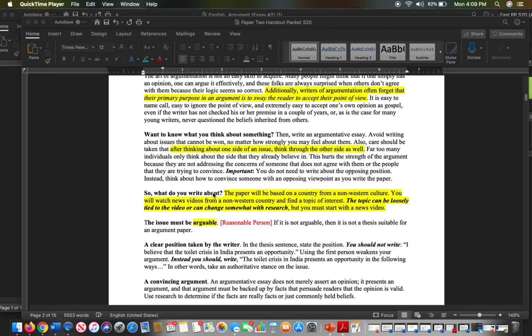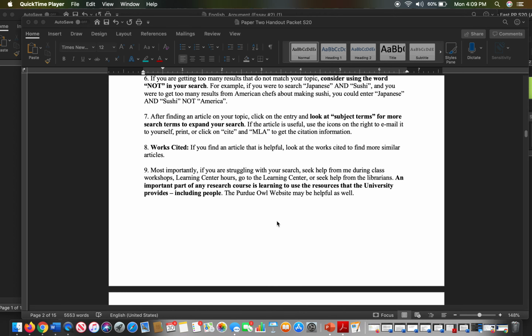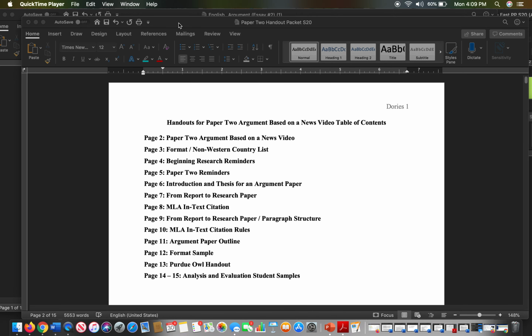So if you're writing a paper about human trafficking and you say human trafficking is horrible and needs to be stopped, that's not something a reasonable person could disagree with. Instead, you could perhaps suggest a way or multiple ways that human trafficking could be stopped, and usually that'll be a way that a reasonable person could disagree with you. So that's I think the primary review I'm going to have for today.